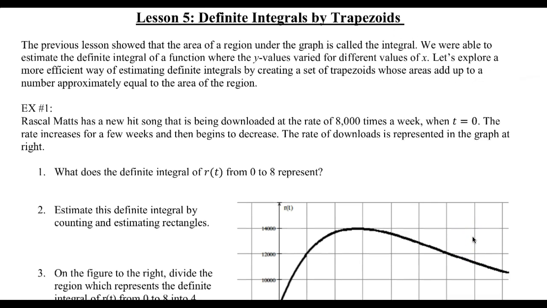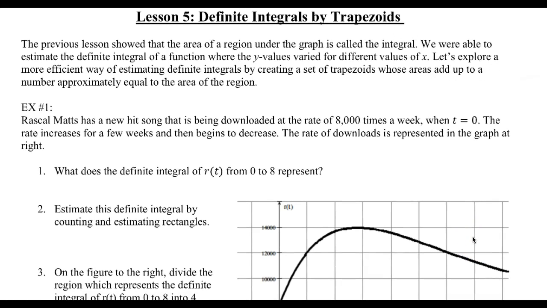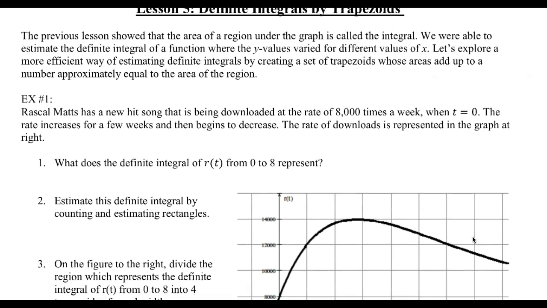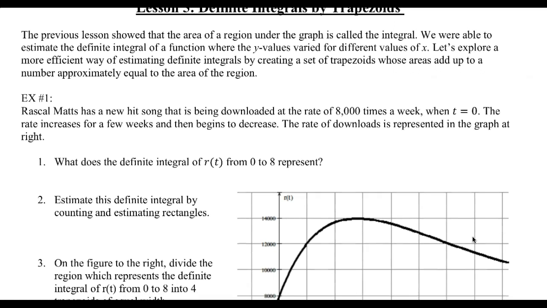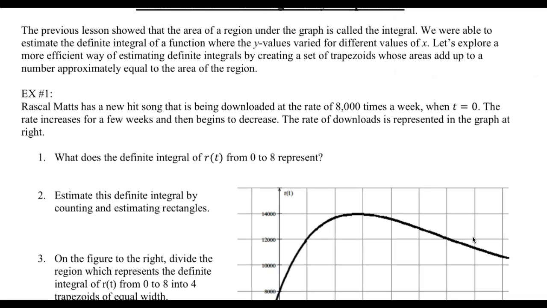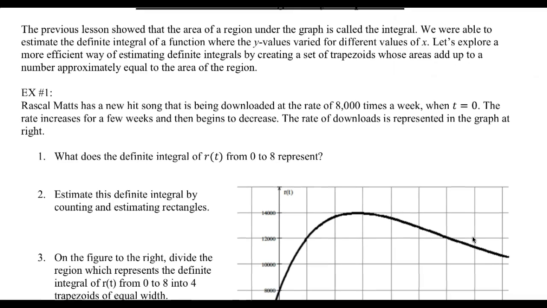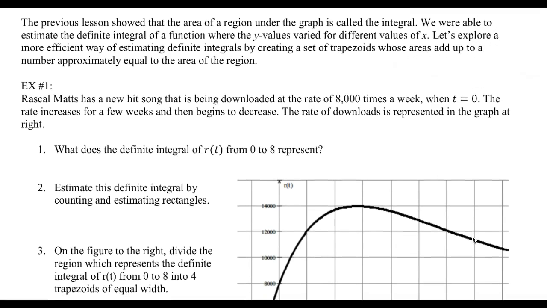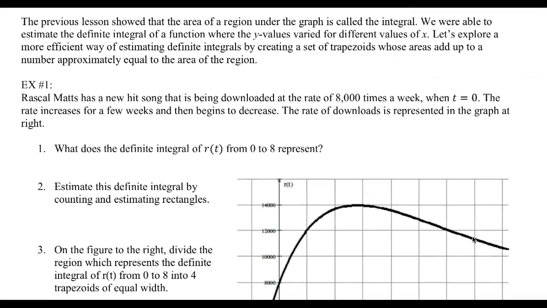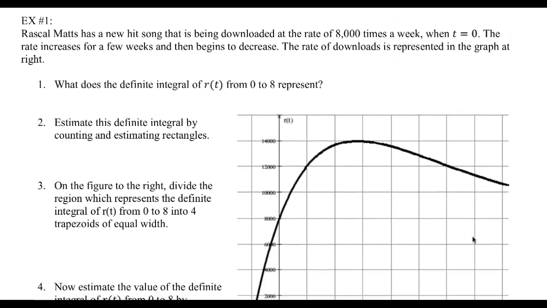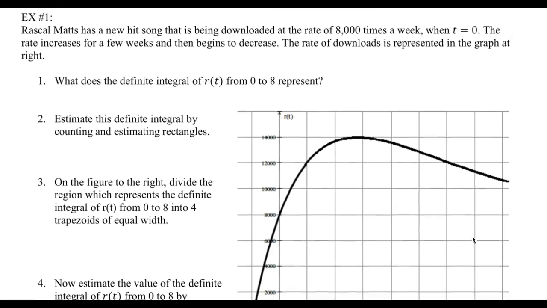What we're going to do today is look at a more efficient way of doing that, and that's dividing that area underneath the curve into trapezoids. We're probably still going to have some spots that we miss a little bit, but it'll give us a pretty good estimate as to the area under the curve. So let's take a look.